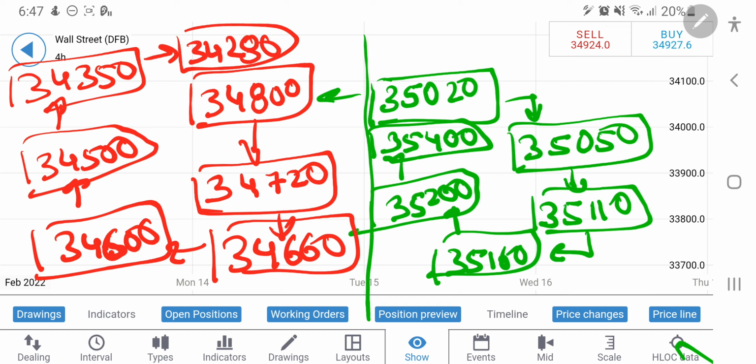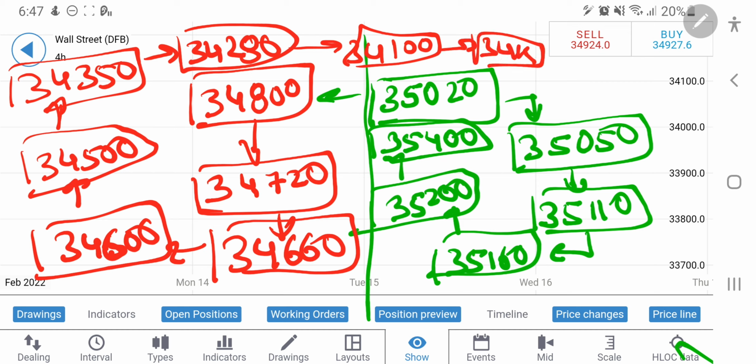So it can drop till here, it can drop below those levels also. Beyond that 34,100 and 34,000 can be expected. So one sharp red candle, everything takes off.